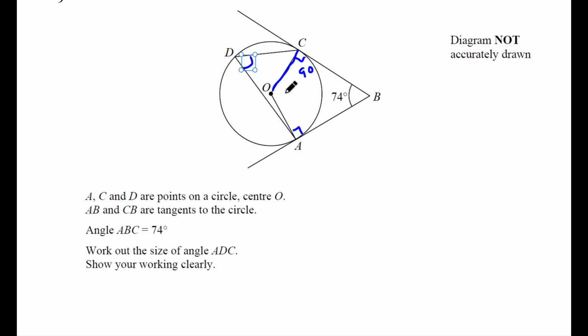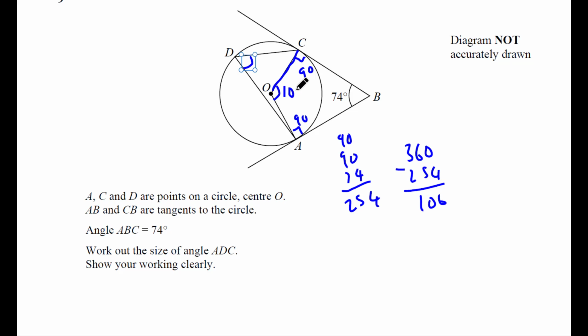So that's 90 and 90. Angles in the quadrilateral is 360. So if we add 90, 90 and 74, that's 254. So 360 minus 254 is going to be 106. So this angle is going to be 106. That is step 1.